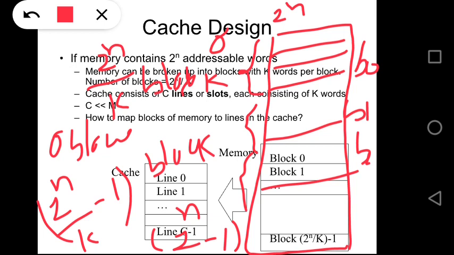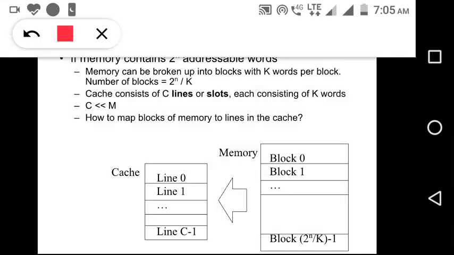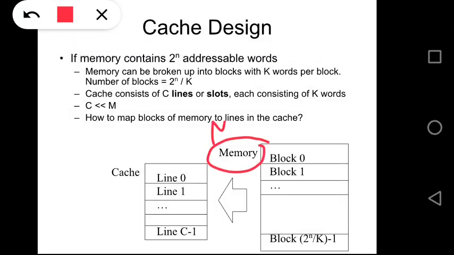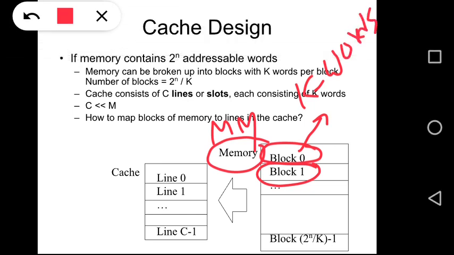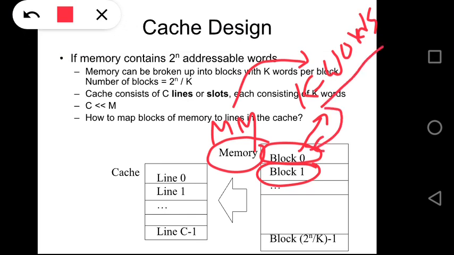I hope you understand this. Yeah, you are getting the point. So I have a main memory. This is block 0. This is block 1. Block 0 contains some k words. I'm grouping the words. The main memory contains words, not blocks, but I'm grouping the words into blocks. So the first block, second block. Now I'm talking in terms of blocks, not in terms of words. What would the last block be?